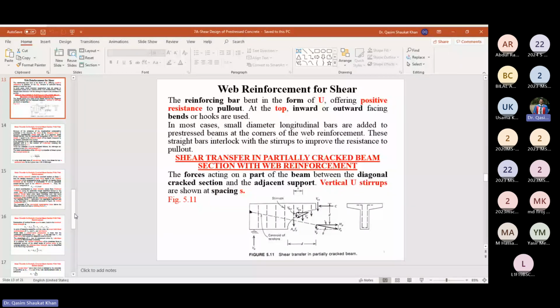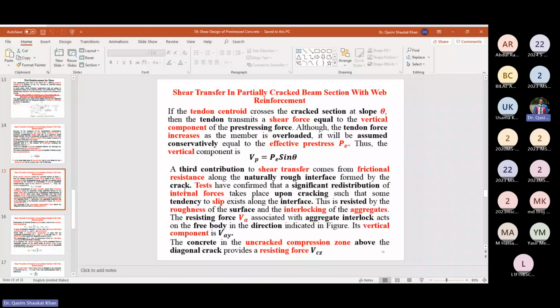A third contribution to the shear transfer comes from the internal resistance along the naturally rough interface formed by the crack. Tests have confirmed that a significant redistribution of internal forces takes place upon cracking, such that some tendency to slip exists along the interface.